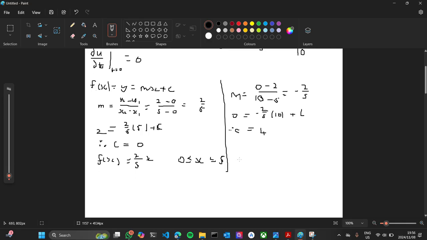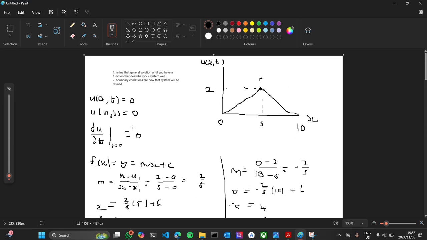Alright, then f of x is equal to minus 2 over 5 x plus 4, not 0 this time, between the range of 5 and 10.